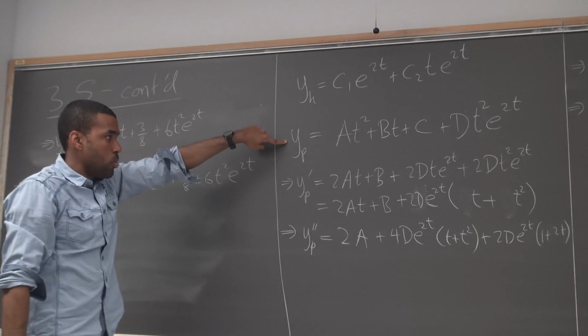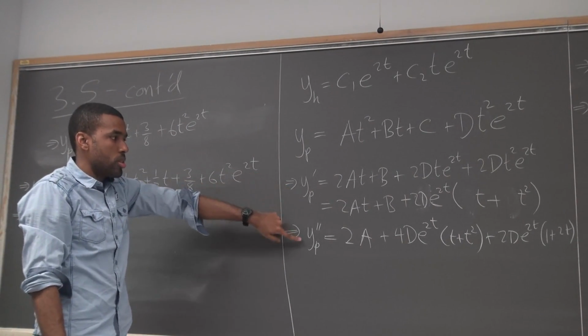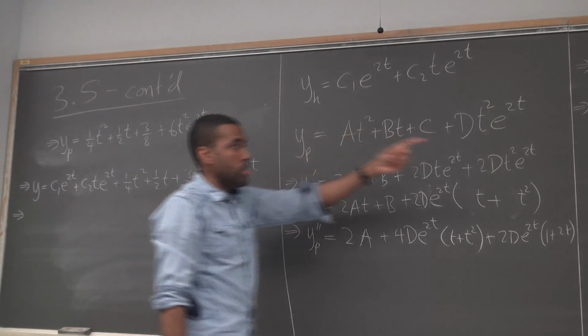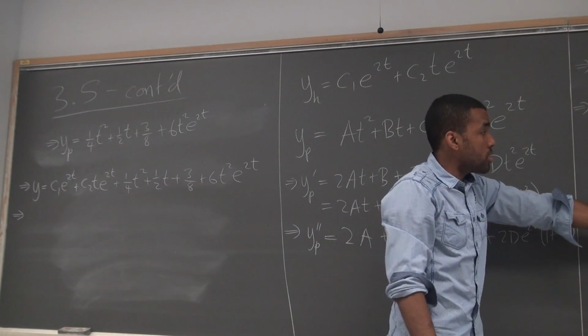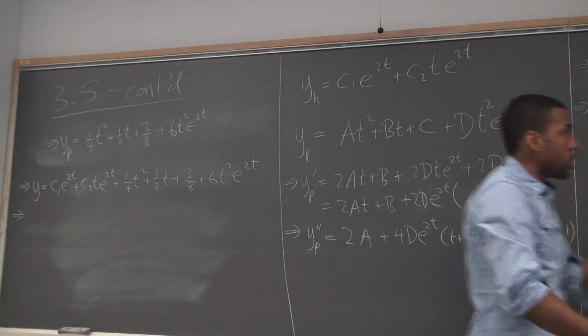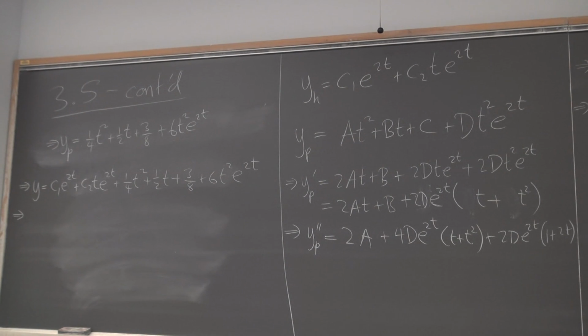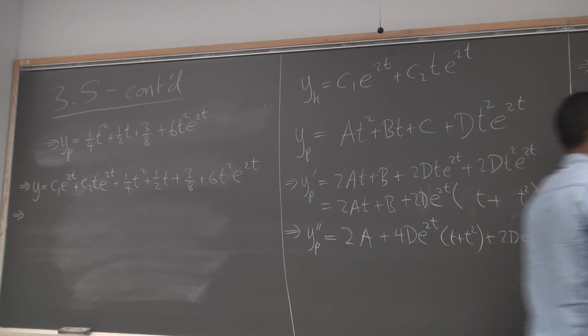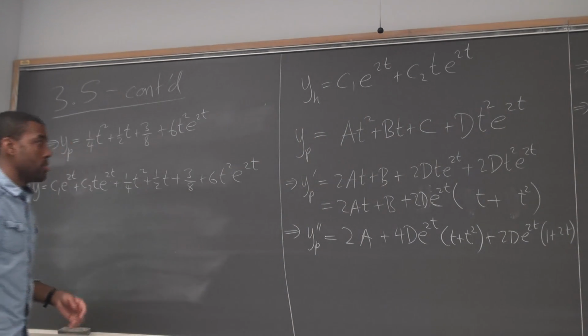So we find the derivatives, plug them into the original differential equation, simplify, and group all the like terms: all the t squareds, t's, constants, all the e to the 2t's, t e to the 2t's, and t squared e to the 2t's. Then we equated coefficients. The number of things over here must be equal to the same number of things over there. You get this system of equations, which hopefully you know how to solve, and then we finally get here.